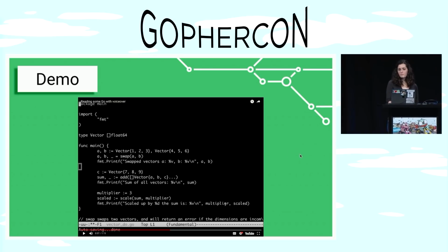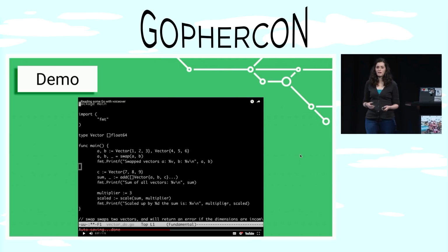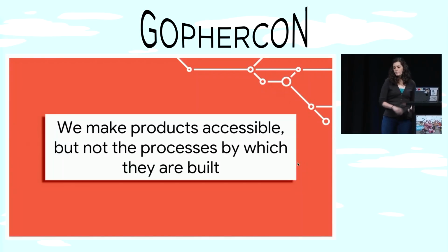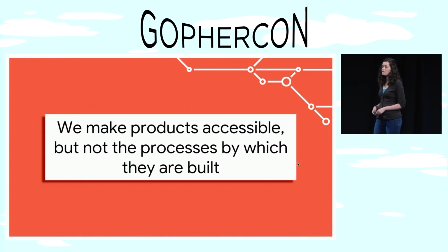So as I was going through all of my research to figure out what tools I should be using and how I could work with code in an efficient way, it struck me that while I could find a lot of information on how to build accessible products, there was very little information on how to make developing itself accessible.